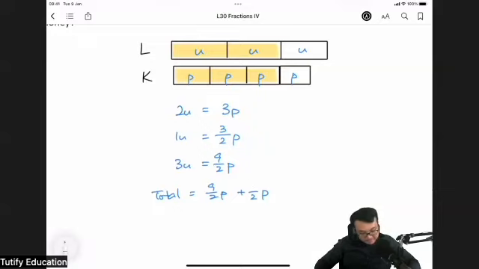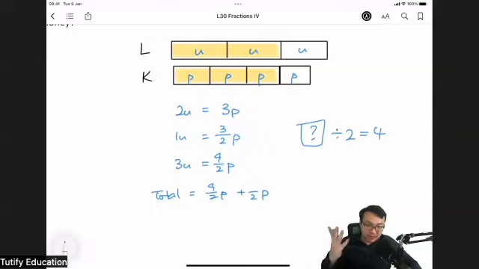Something divided by 2 equals 4. What is it? Can you tell me what divided by 2 equals 4? 10 divided by 2. What do you get? 5.